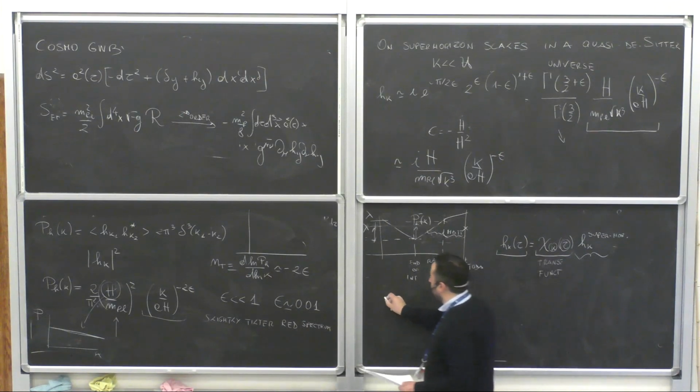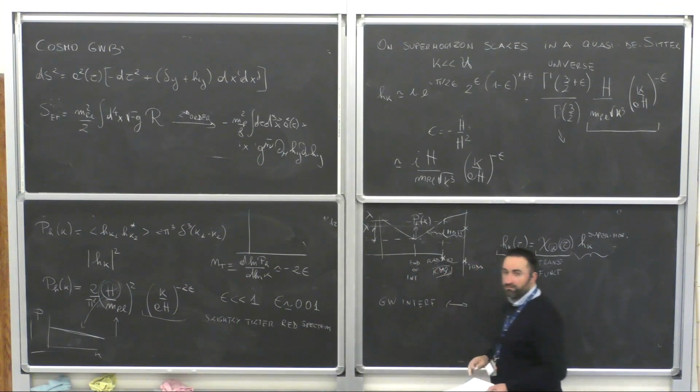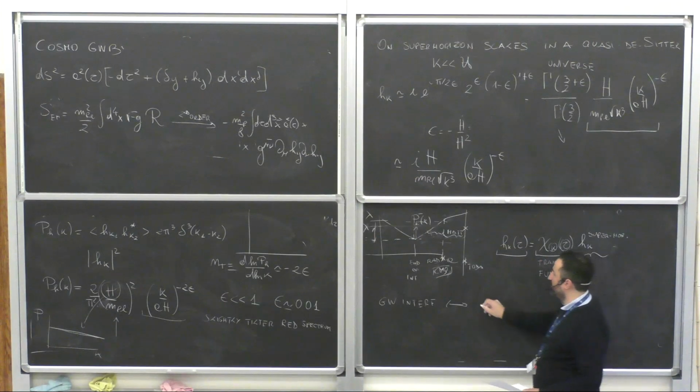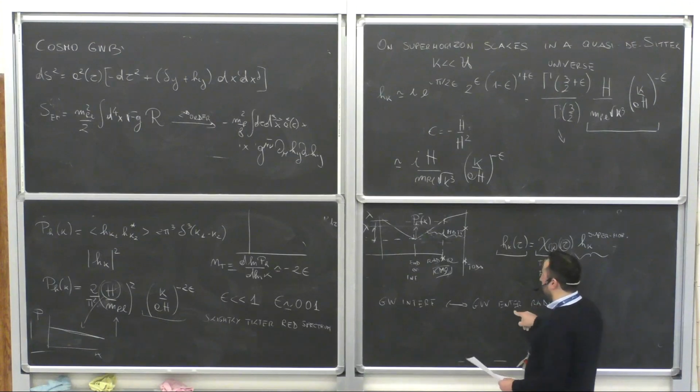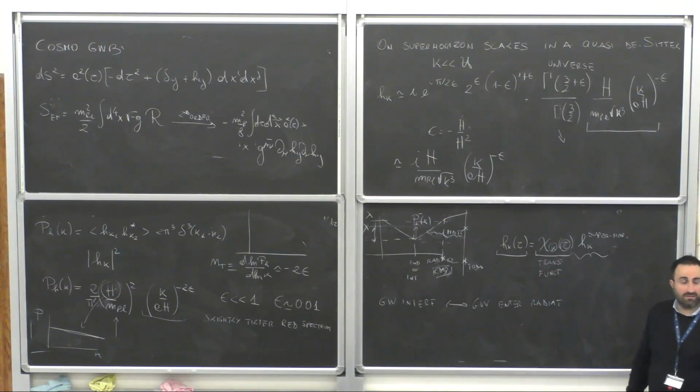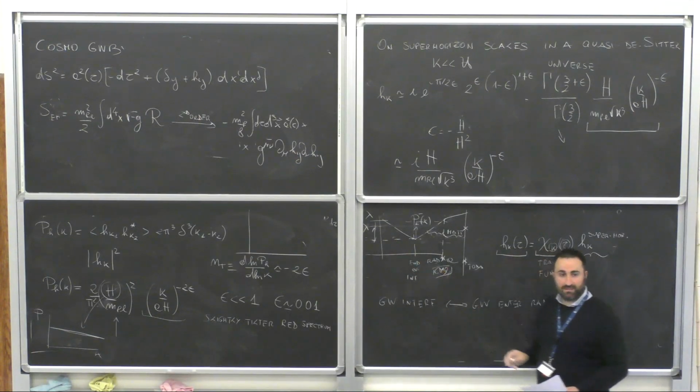So this means that gravitational wave interferometers, typically but not only, see gravitational waves that enter in radiation domination. If you want to understand this sentence better, you have to connect the frequency of your gravitational wave detectors with the scales, and you will see that they correspond.